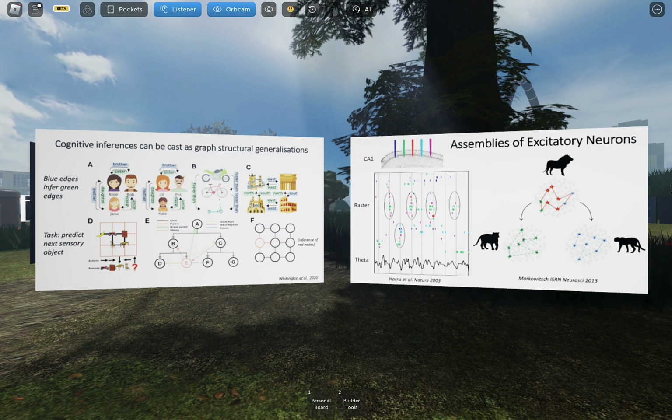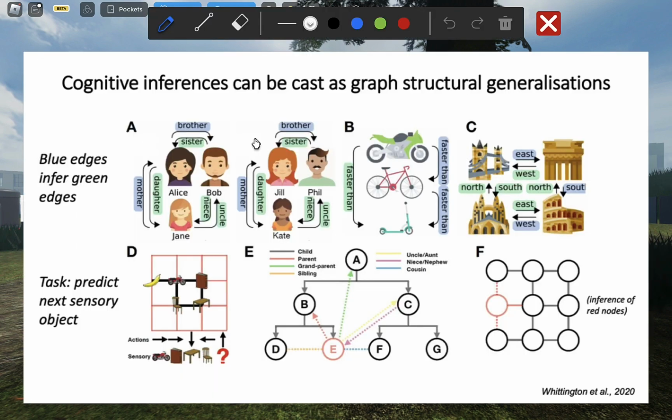Take all of these different graphs on the top row, panels A, B, and C. If you have some understanding of what these graphs are, intuitively, you'll notice that if you know what the blue edges are, you can infer what the green edges are. Let's take A as an example.